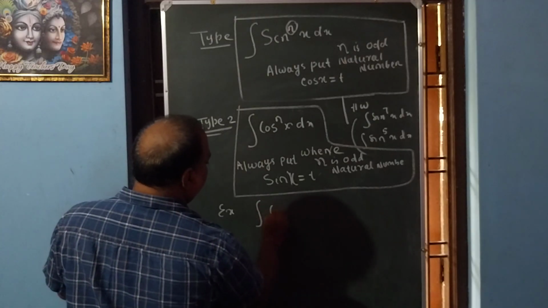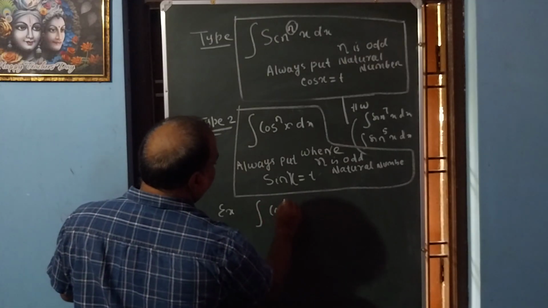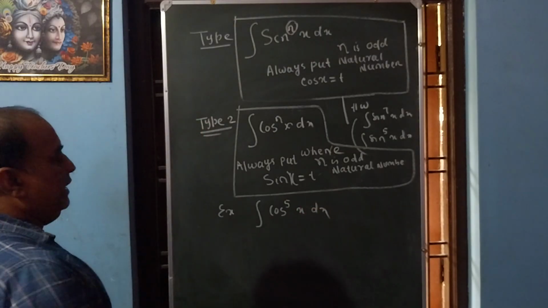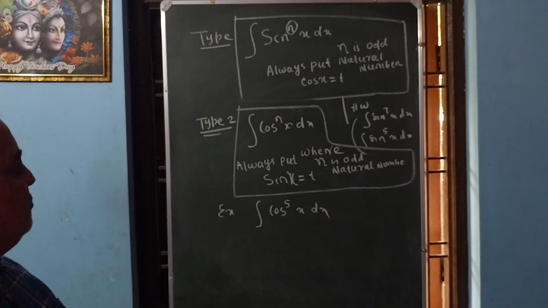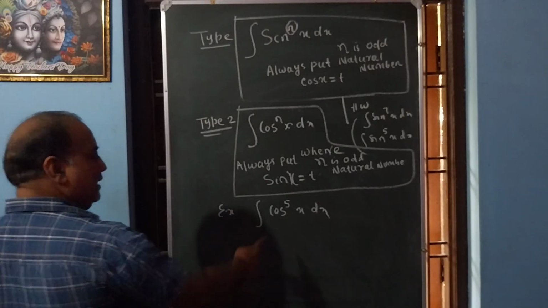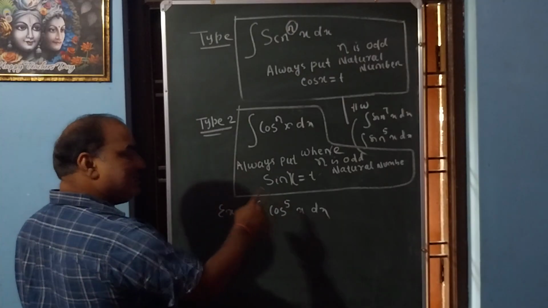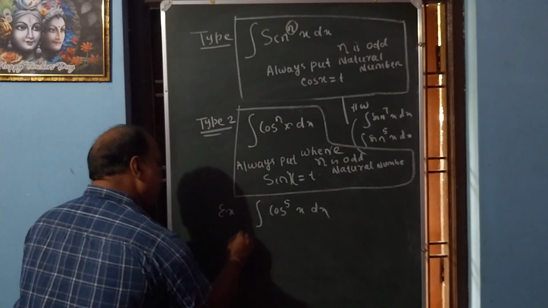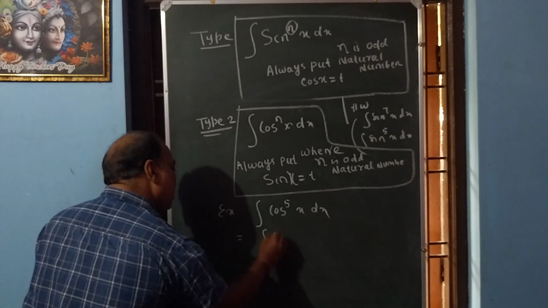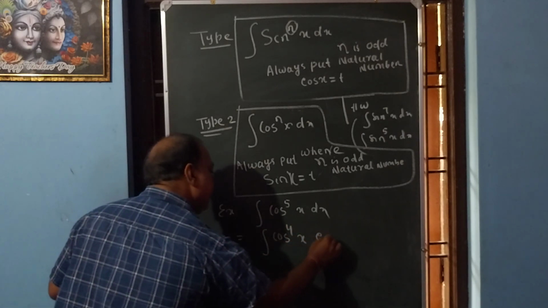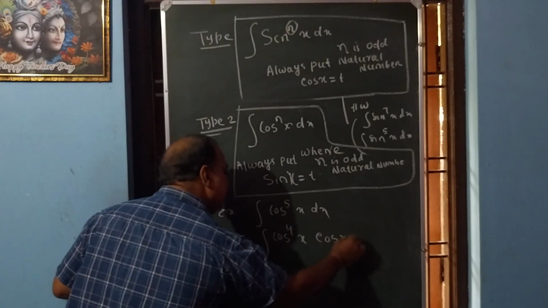Cos^5 x dx. How can you integrate this type of problem? Okay? So you have to break cos^5 x as cos^4 x into cos x. So write down integration of cos^4 x into cos x dx.